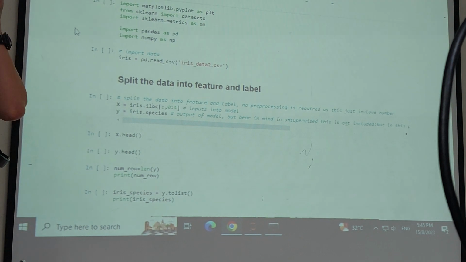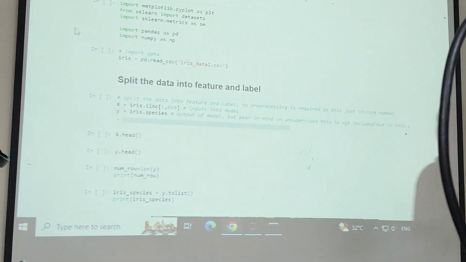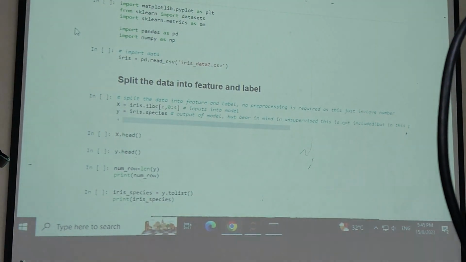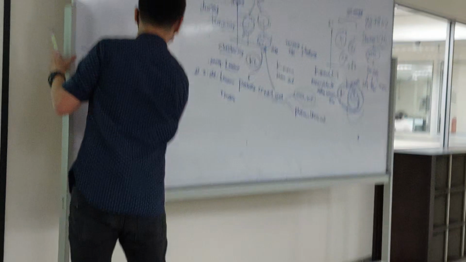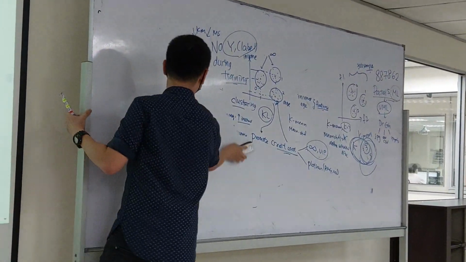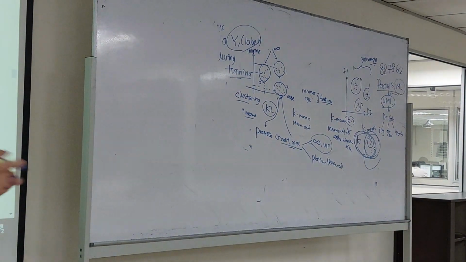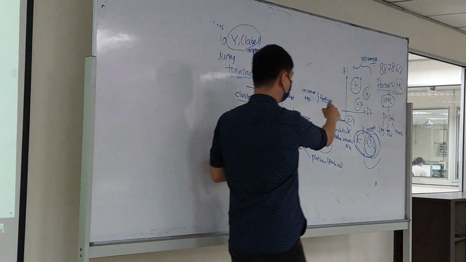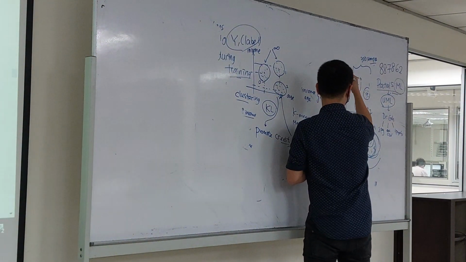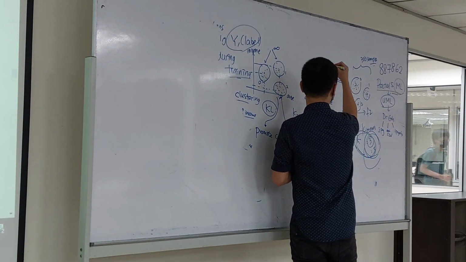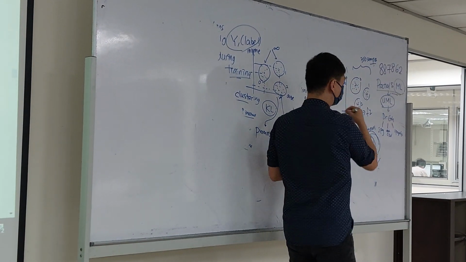Okay, sit down first. Let me explain a little bit of the concept about the number of clusters. Remember just now I said k-means. The main limitation for k-means is we have to define the number of k.